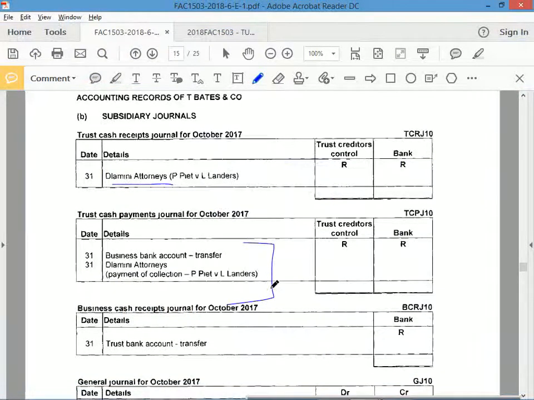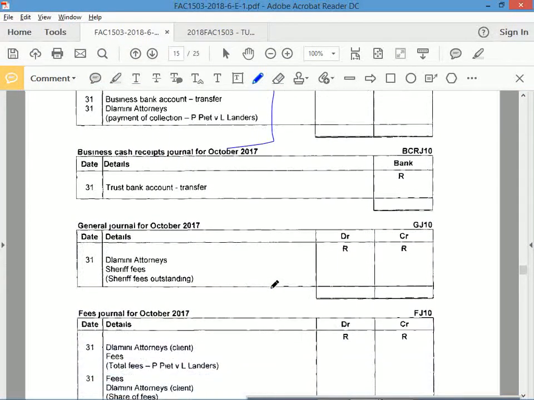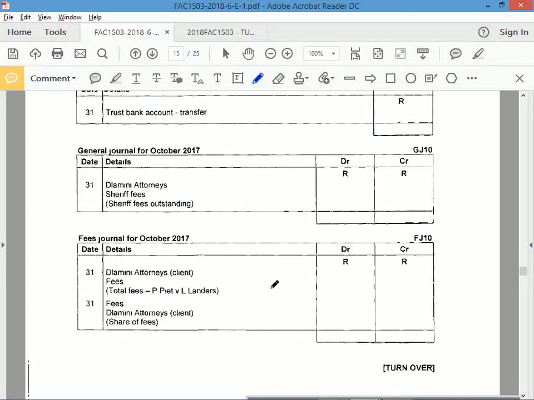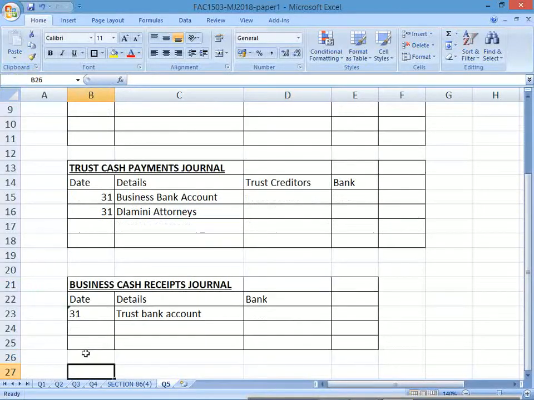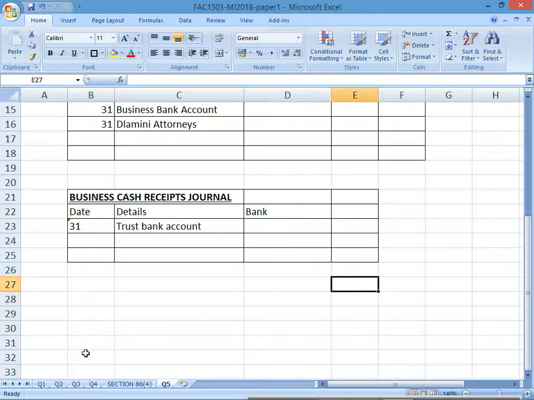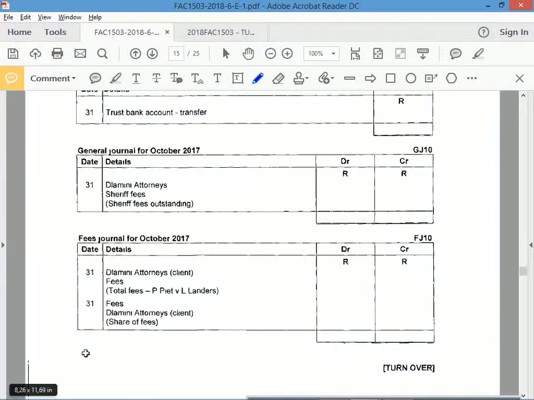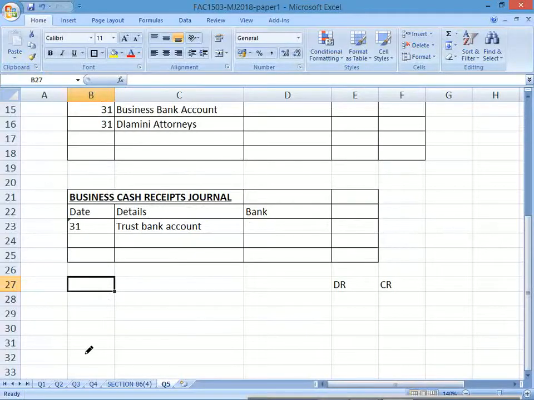What else did they give you? General journal. Fees journal. There was a general journal, so debit and credit. Not the trust general journal, but there was a general journal, which is a normal one. Similar, it's fine.